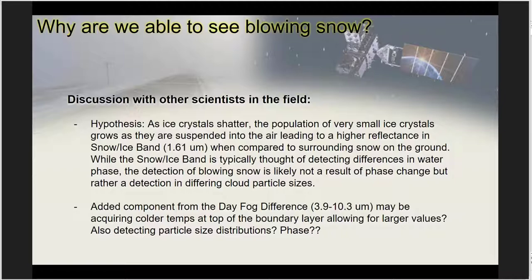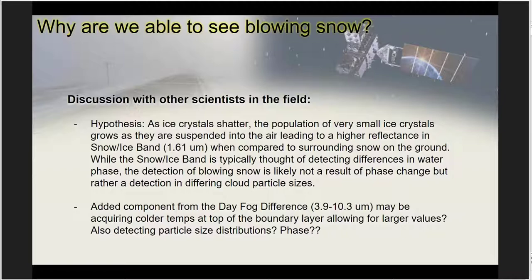And there's also the added component of us being able to see blowing snow in the day fog difference products, and we're still not exactly sure why we're able to see it here. Is it because the billowing blowing snow is able to acquire colder temperatures closer to the top of the boundary layer?